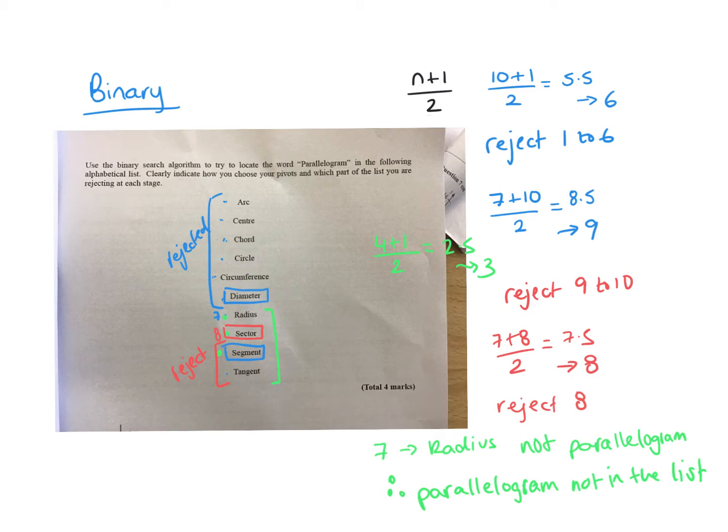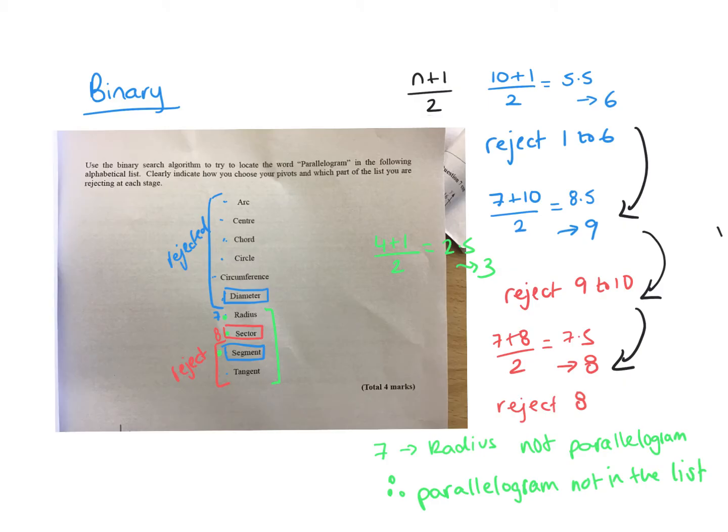Just to say, in the mark scheme, even though I've seen this before, I'd highly recommend that you use the place of the numbers. It just makes it a lot easier and it's coherent.